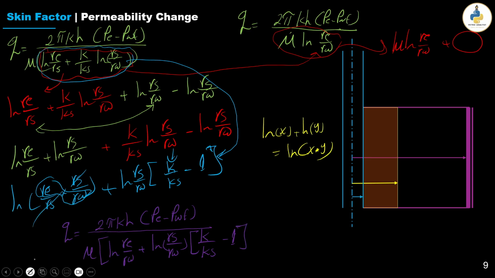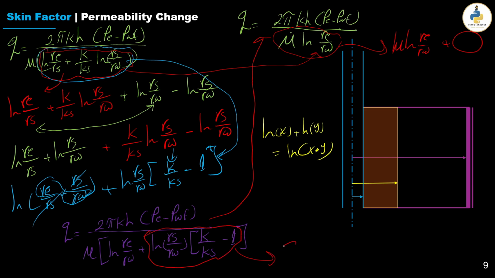And voila, by comparing this equation to the ideal Darcy equation, we have this added term, which can now be simplified to be S. So S is ln RS over RW times K over Ks minus 1.